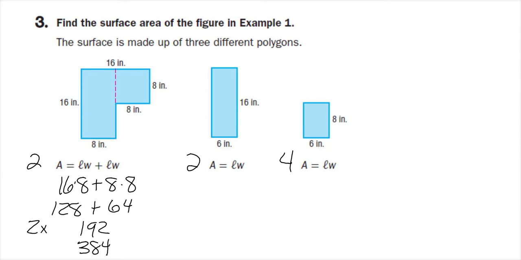All right, now we've got these over here. So we've got 16 by 6s. So we're going to do 16 by 6, which is 96. I need 2 sets of those, which is 192. Okay, and then we've got these over here. So we've got 8 by 6s, which is 48.